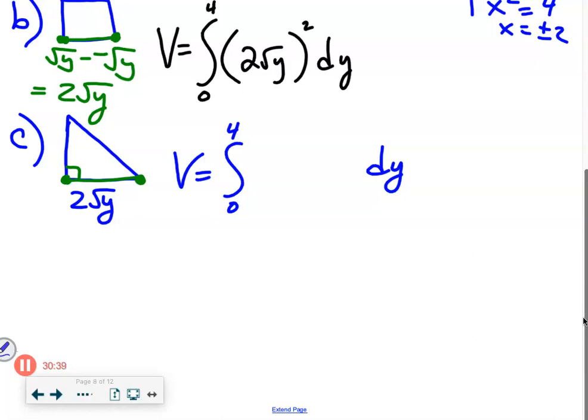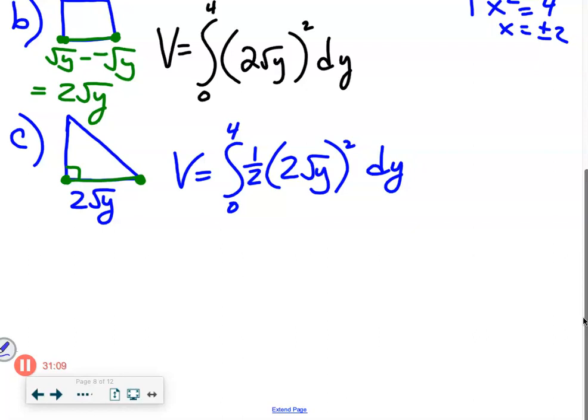This distance is that distance, and then it's coming out. We're in 3 dimensions. All right. So the area of a triangle is 1/2 base times height, but the base and height are the same, so you could just square it if you want. So 1/2 times 2 root y times 2 root y, or you could just have 2y if you simplify it.